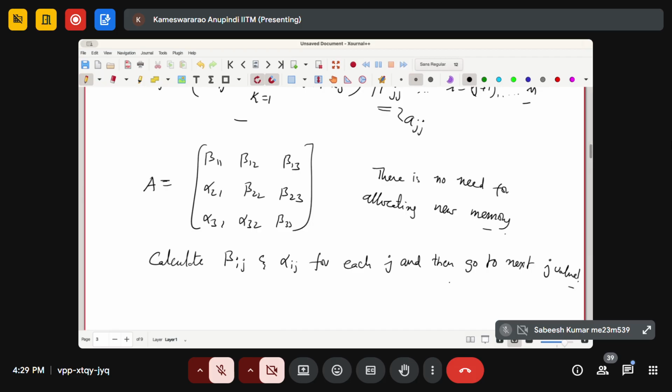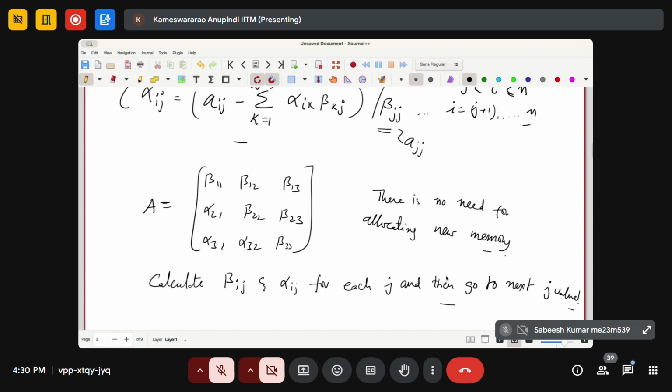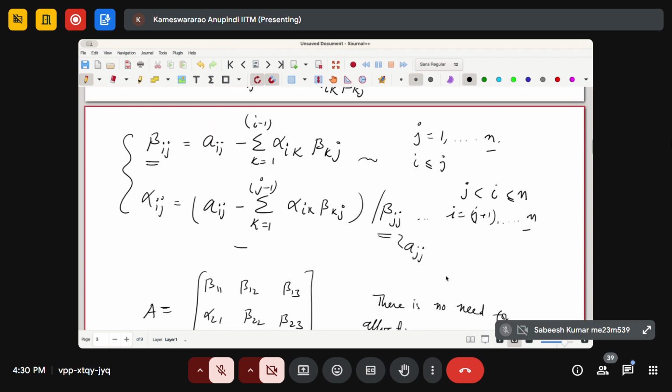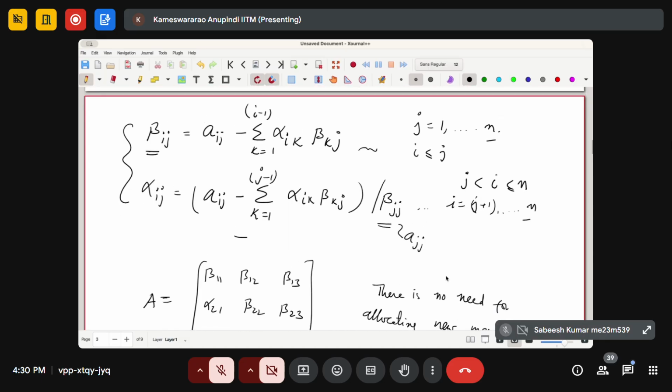That means for one j, we calculate whatever betas and alphas we get for all i, then go to the next j and calculate all alphas and betas for all i, and so on. Only then this algorithm will work. Otherwise, it's not going to work, right? Because either we're going to make use of zeros, which are new alpha betas, or previous A values.